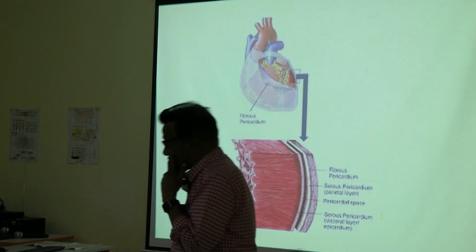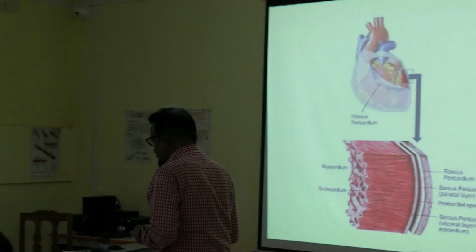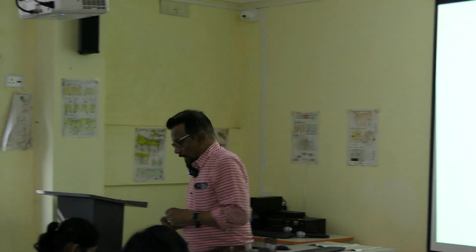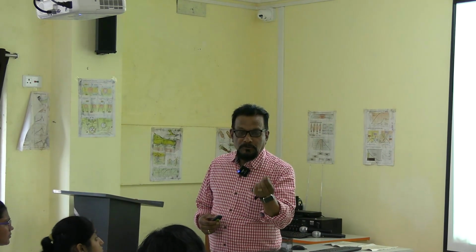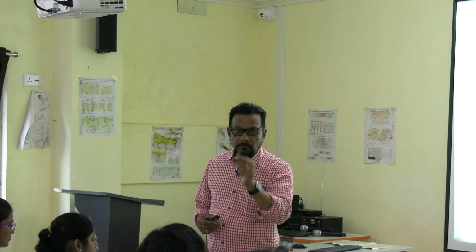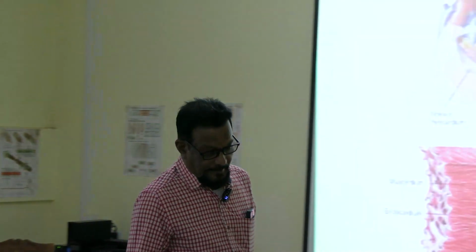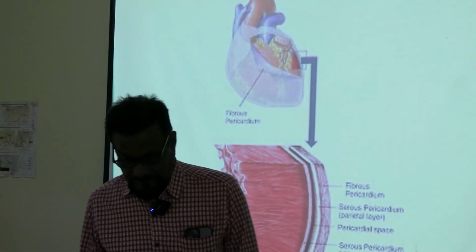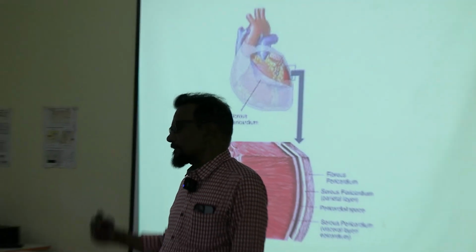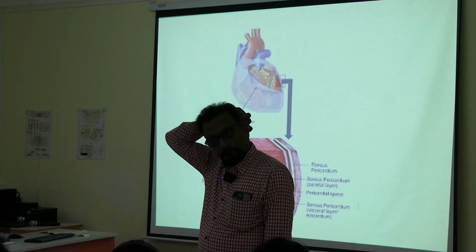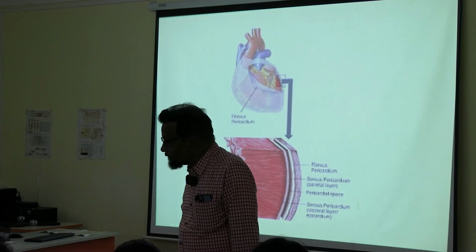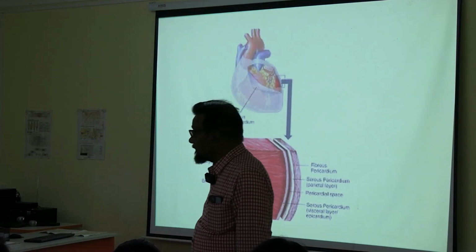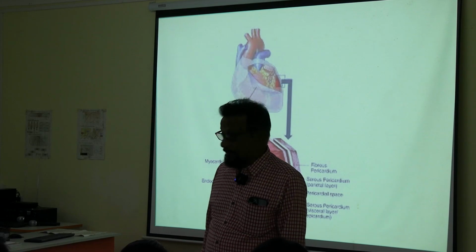And sometimes what happens in the pericardial cavity, the amount of fluid is normally about 5 to 30 ml. If it increases by any means, the condition is called pericardial effusion. Right.